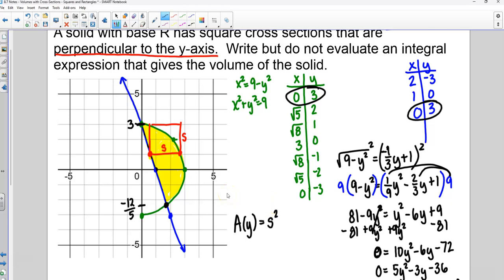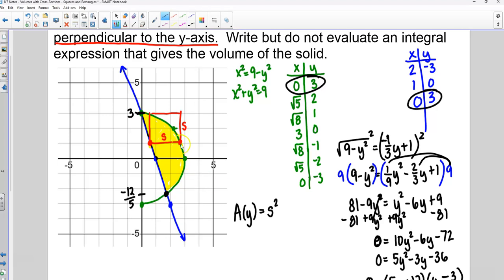But S is trickier here because S does not equal just one of these functions. This time, when we're finding S, we want to think, what is my right endpoint right here, and what is my left endpoint right here? That green graph right there is x equals the square root of 9 minus y squared. And the blue graph right there is x equals negative 1/3 y plus 1.